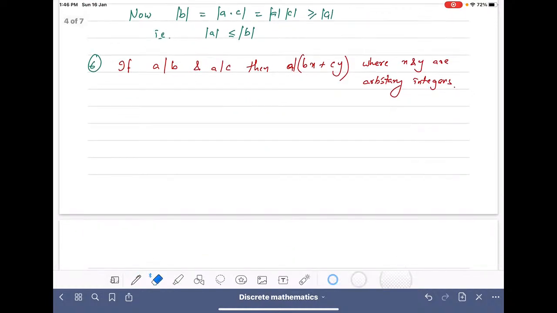So this is also a well-known property. Now how to prove this one?